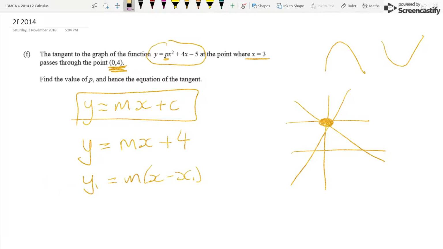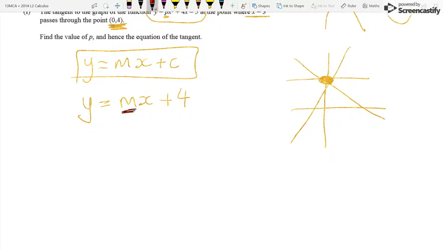The next thing we say is, well, where am I going to get that m from? Well, this comes from the derivative of the curve. So we're going to differentiate, and we'll get dy by dx is equal to 2px plus 4. And we're interested in what happens at x equals 3.